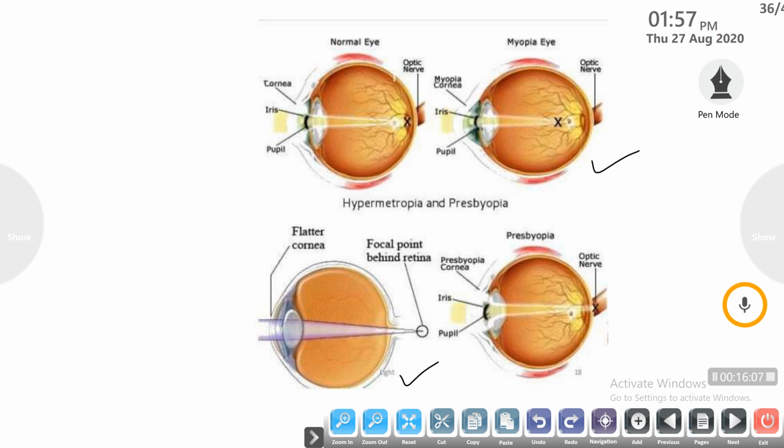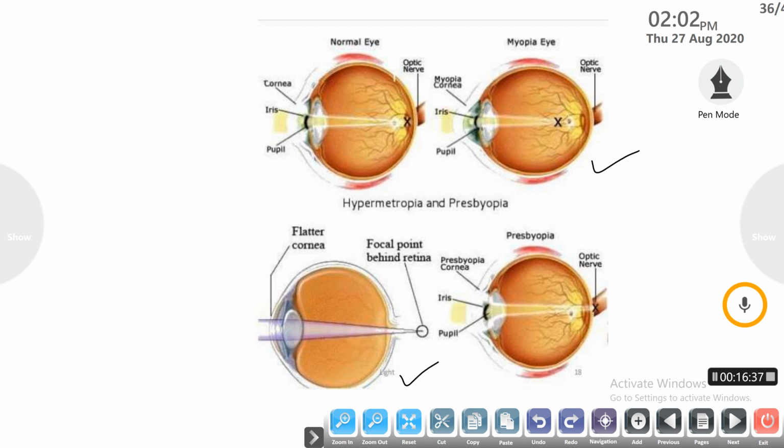The next difference between myopia and hypermetropia is that in case of myopia, the focal length of the lens decreases. That's why a person is able to see the nearby objects but unable to see the far objects. And in case of hypermetropia, the focal length of the lens increases. That's why a person is able to see only the far objects.